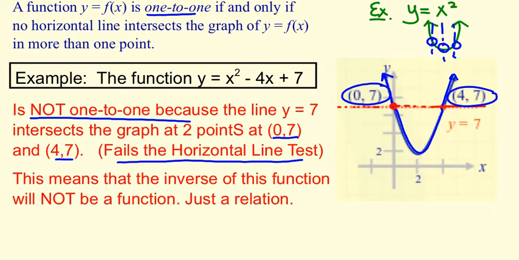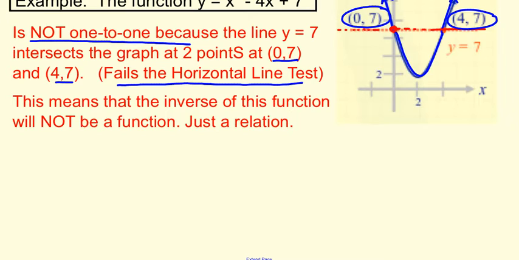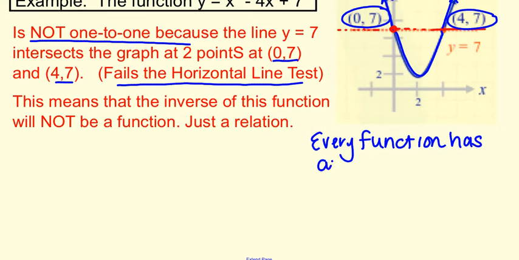Now what this means for inverses. Every function has an inverse. Okay, I'm going to write that out. Every function has an inverse. And we've gone through what I call the four-step process to find that inverse.